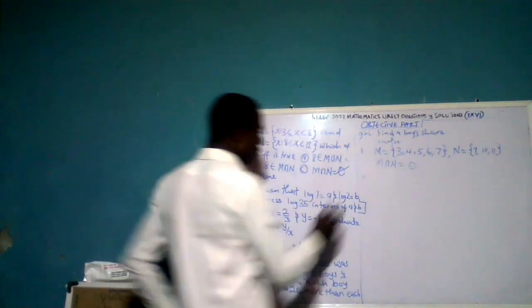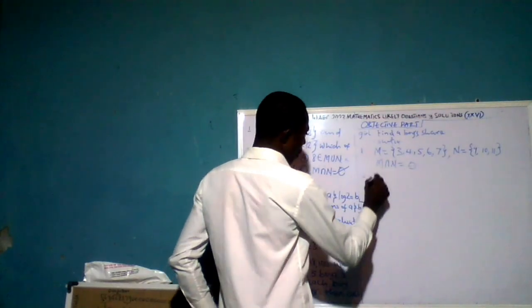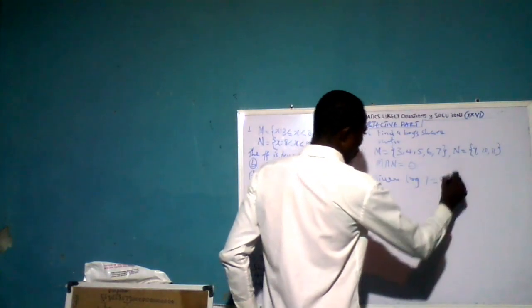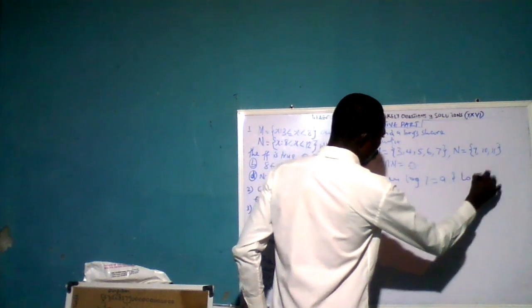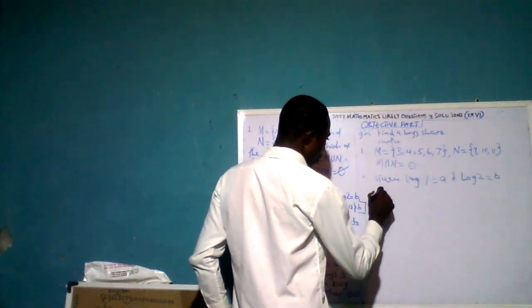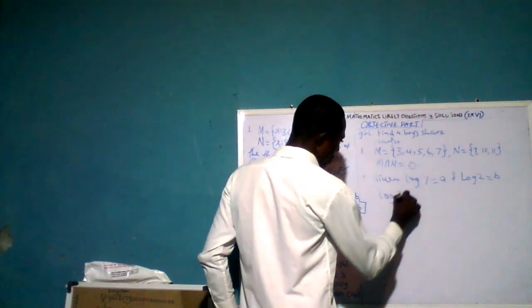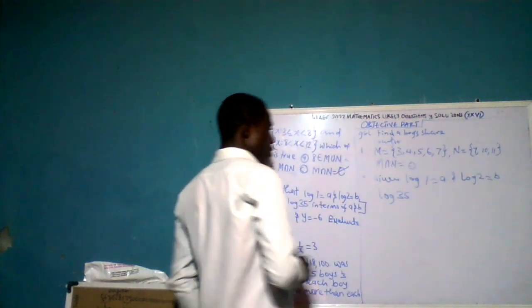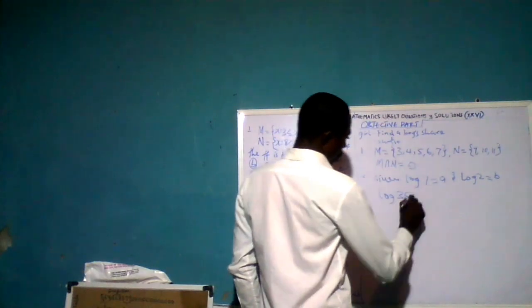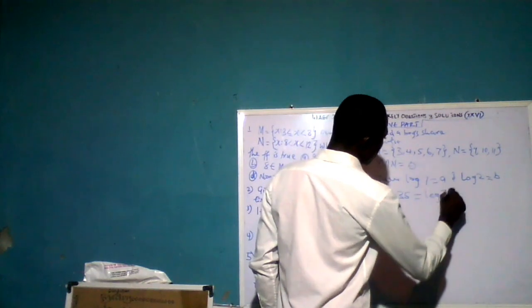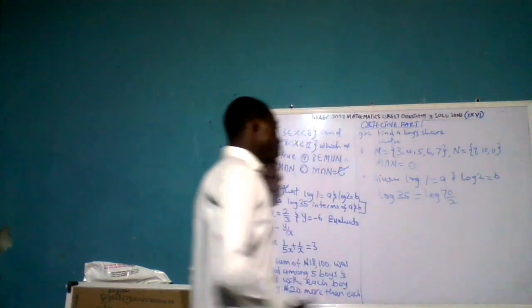Question number 2, we are given log 7 to be equal to a and log 2 to be equal to b, and we are asked to express log 35 in terms of a and b. First and foremost, log 35 can be expressed as logarithm of 70 all over 2, because 70 over 2 will give you 35.